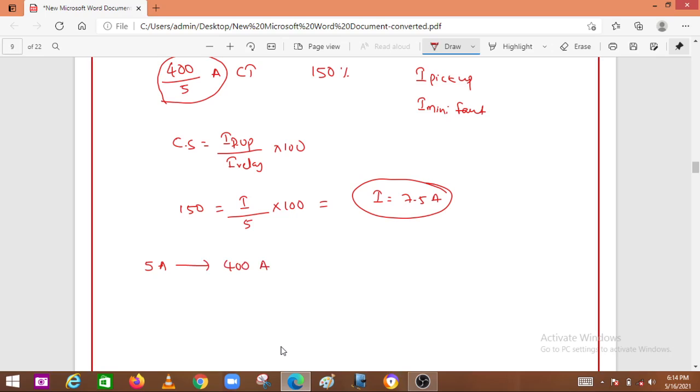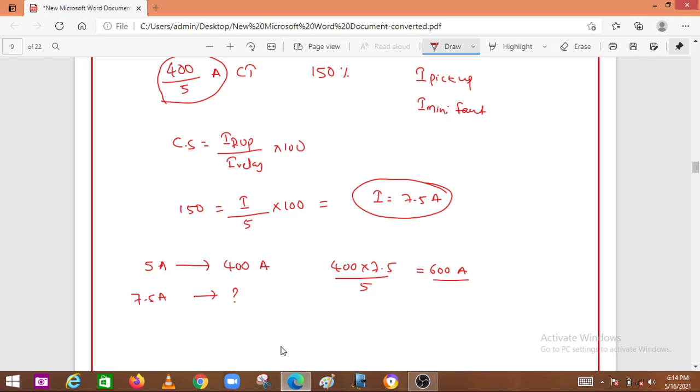Then for 7.5 amperes, how much primary side current can we have? That means 400 into 7.5 divided by 5. 600 amperes is the minimum fault current that you can sense, because we are calculating from the CT only.